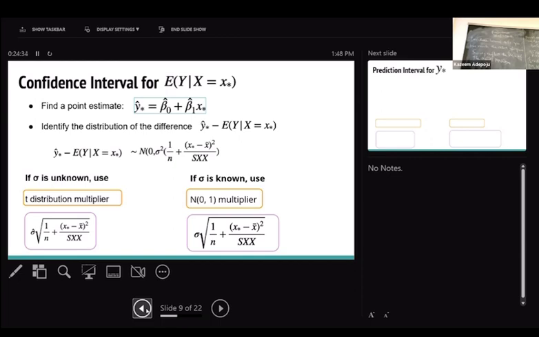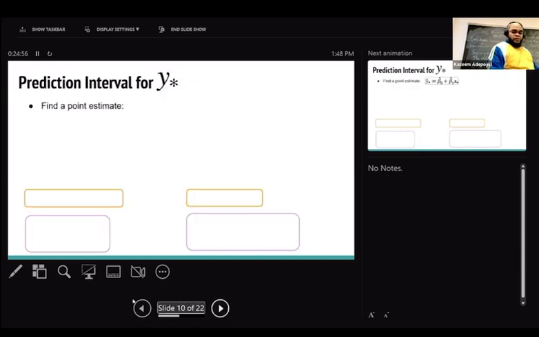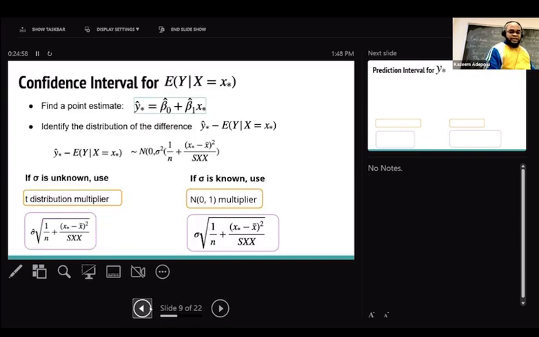But if it is unknown, of course, we have data sets that we can use to estimate it, except that the distribution multiplier that we're going to use is what makes the difference. One is using T distribution, the other is using normal distribution. Okay. That is the one on average prediction.